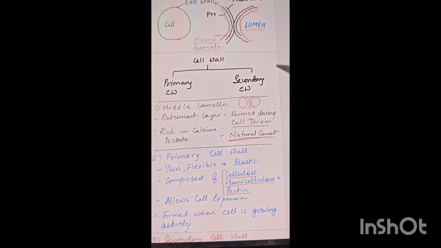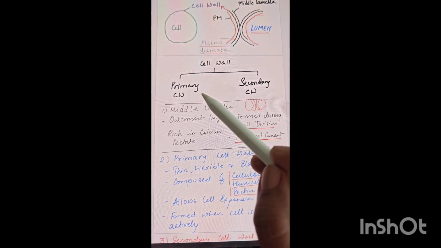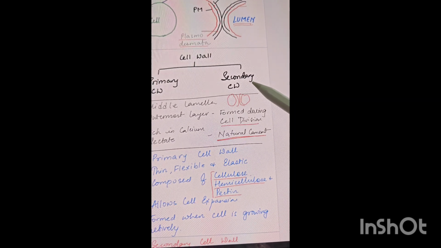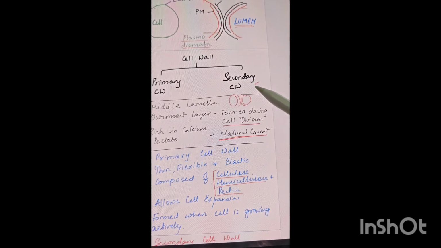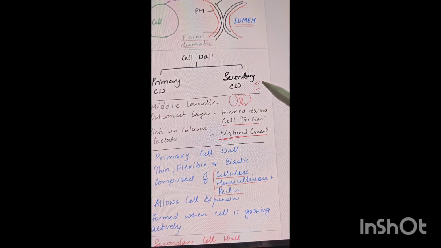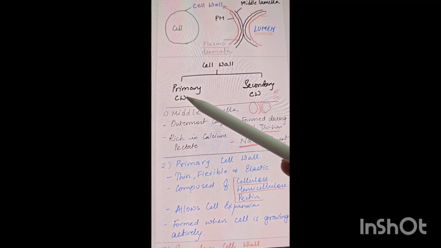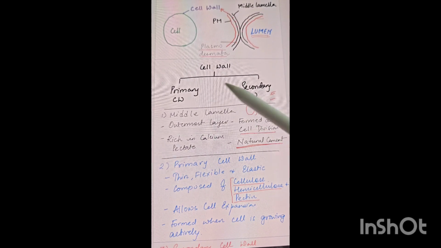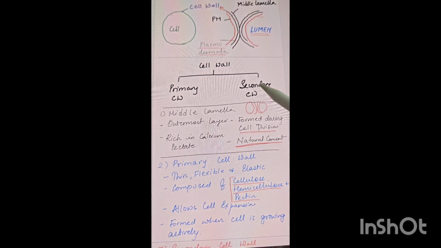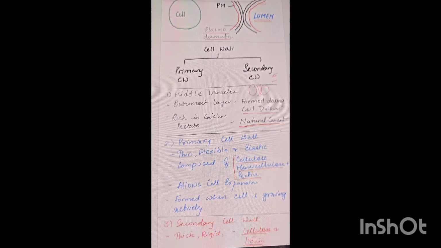The primary cell wall is generally a single layer, and the secondary cell wall, as the cell matures, may have 1, 2 and 3 layers, called secondary cell wall 1, secondary cell wall 2 and secondary cell wall 3. So based on the growth pattern, the primary cell wall is there at the early stages, and when the cell matures, it will have the secondary cell wall. So we will go one by one.